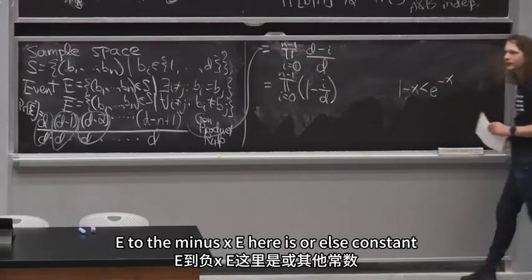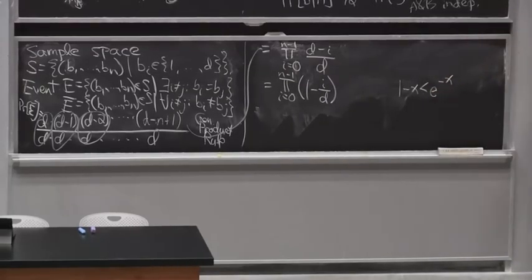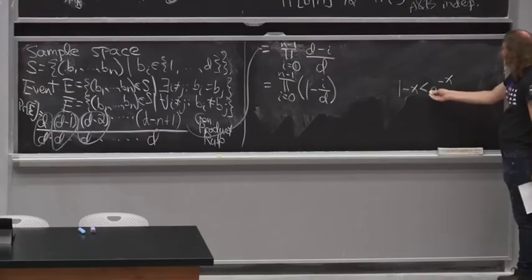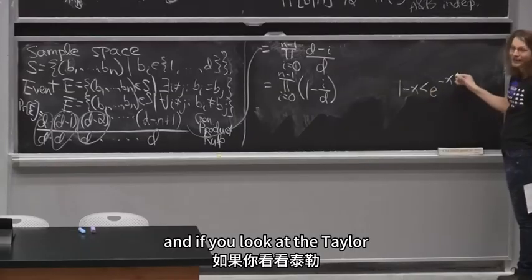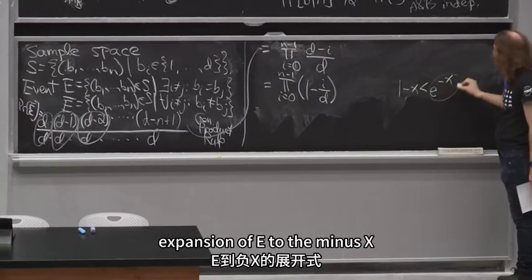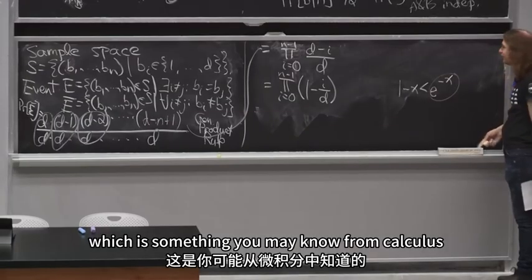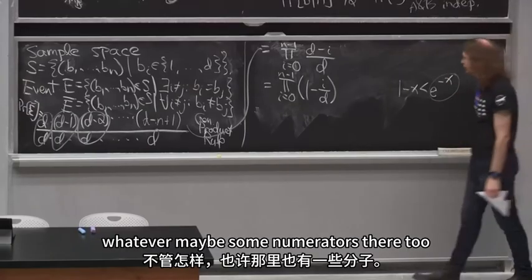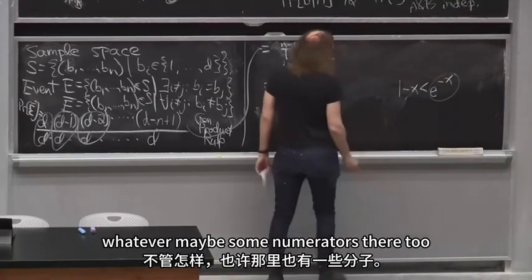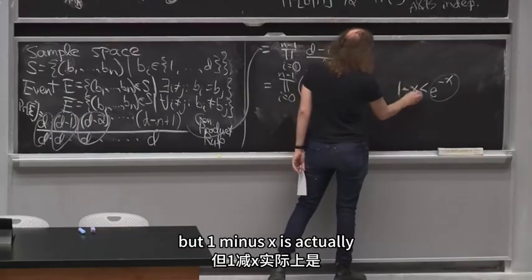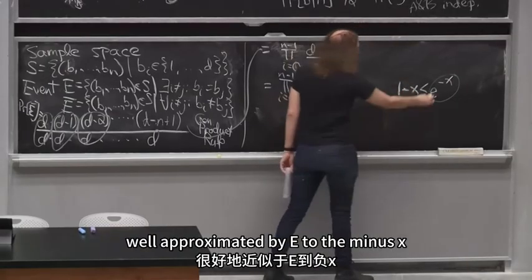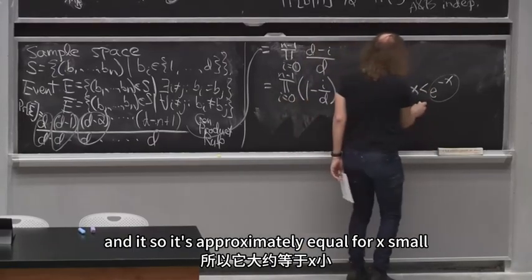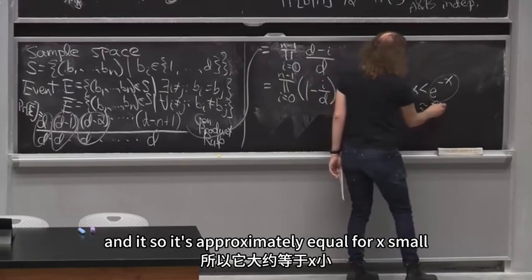E here is Euler's constant, roughly 2 and a little bigger than 2. If you look at the Taylor expansion of e to the minus x, which you may know from calculus, it starts with 1 minus x, and then plus x squared minus x cubed, whatever, maybe some denominators there too. But 1 minus x is actually well approximated by e to the minus x, so it's approximately equal for x small.